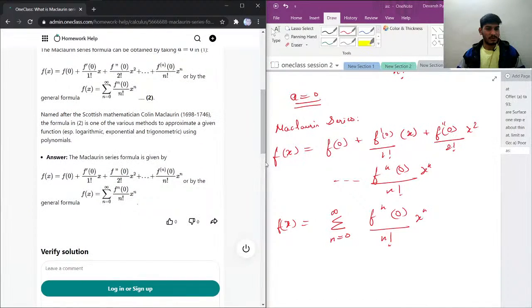So this is the general formula, the Maclaurin series.